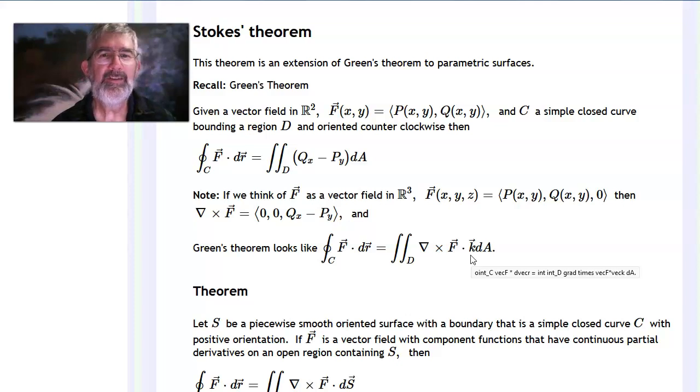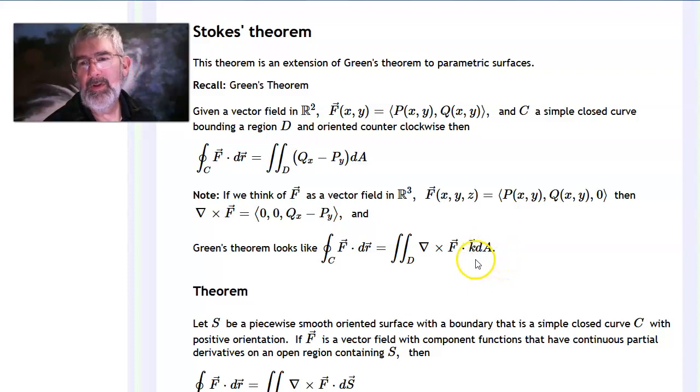And since this vector field is completely in the xy plane, it makes sense that the curl should be perpendicular to any flow that's happening. Any flow that's happening is happening in the xy plane. And so the curl would be a vector pointing upward in the z direction. And it's also a unit normal vector.